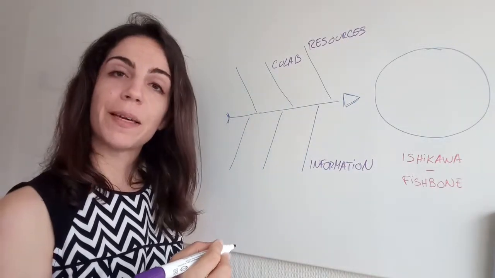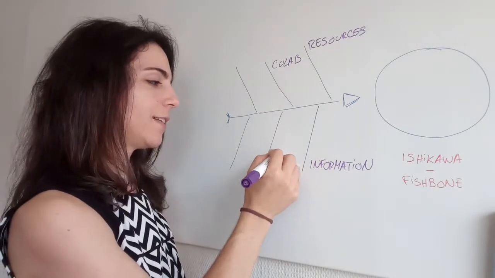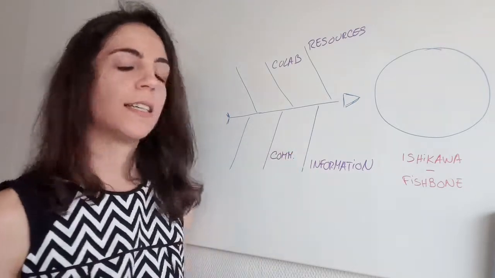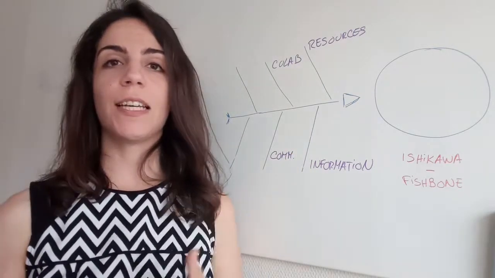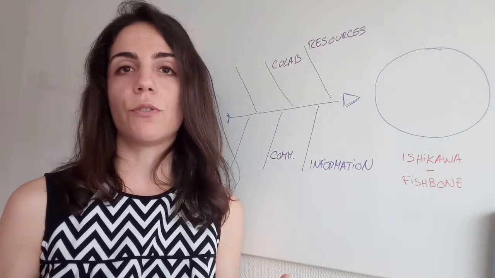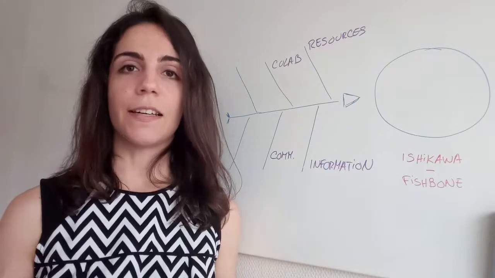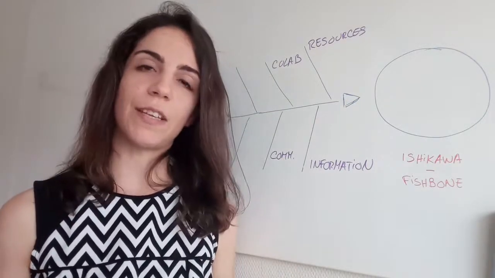Then we have communication, which is a lot of people's favorites. Communication usually is a foundation of things that happen between people, because of course, people communicate a little bit differently. So there is room for misunderstandings, there is room for things to happen.